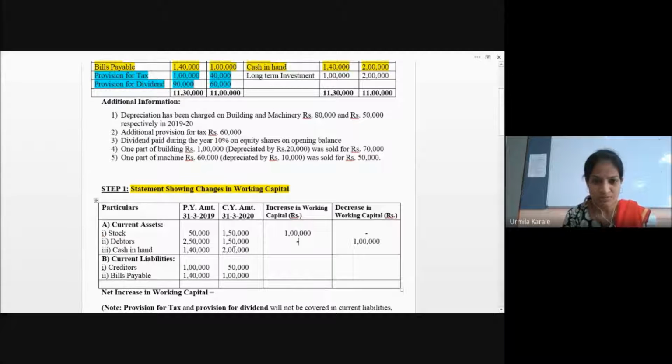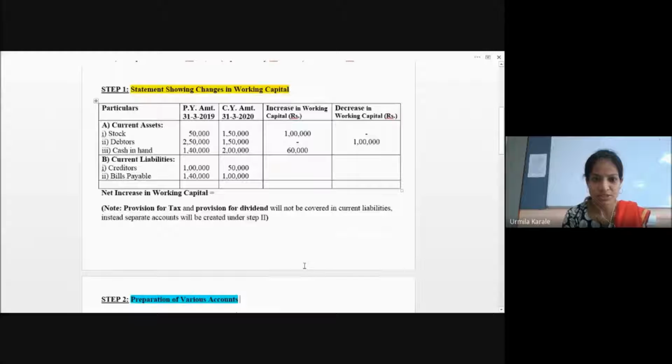Now next, compared with the previous year, there is a 60,000 increase. So I'm just writing it in the increase column, 60,000. This has increased by 60,000, resulting in increase in working capital. So I have shown it here, right? Next, you can check current liabilities are given, and in current liabilities, if you check, this has reduced, and the effect on the working capital is reverse.